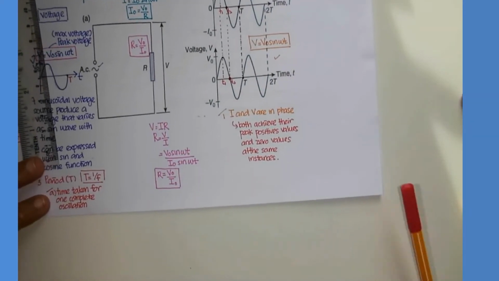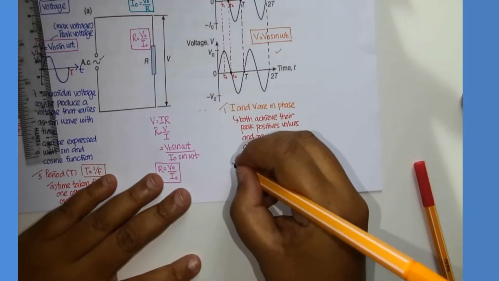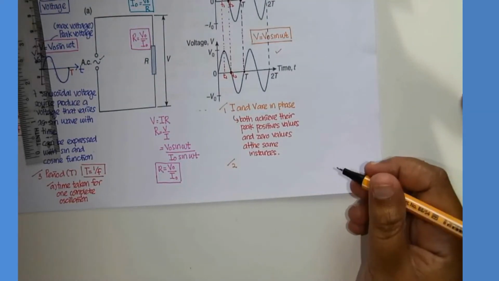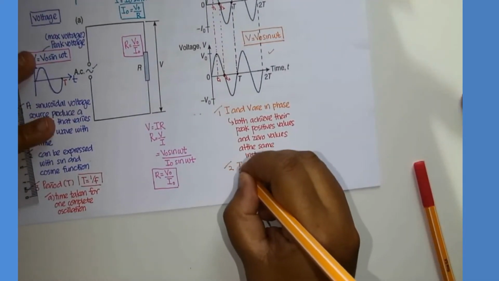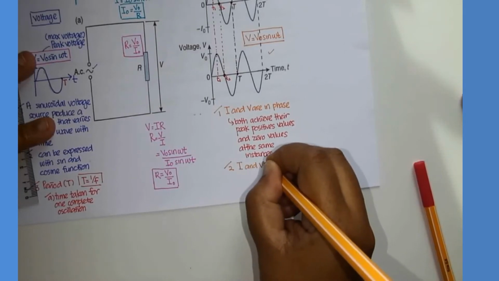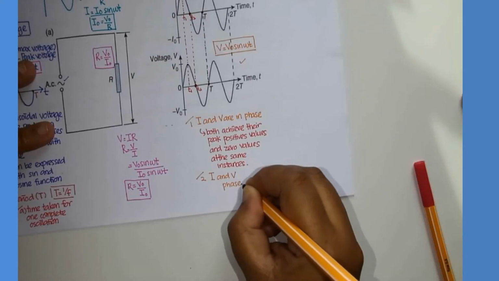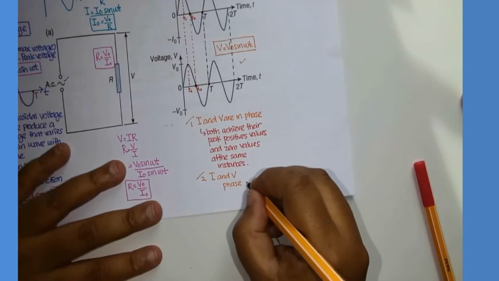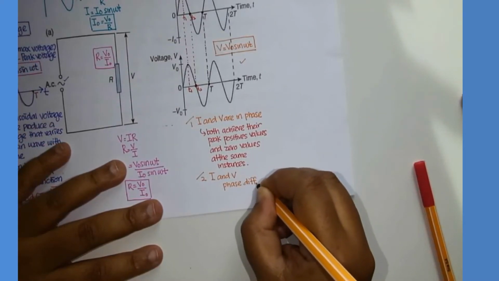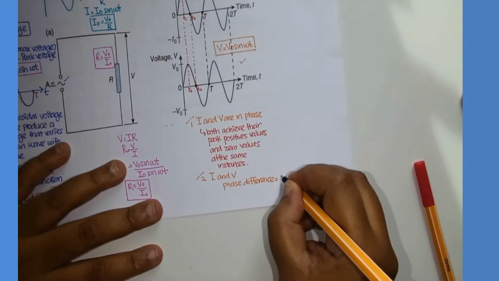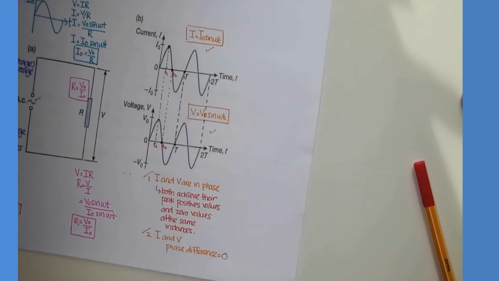Number 2, what can we say when we compare these two quantities? We can say I and V, their phase difference is 0. Let's look at that.